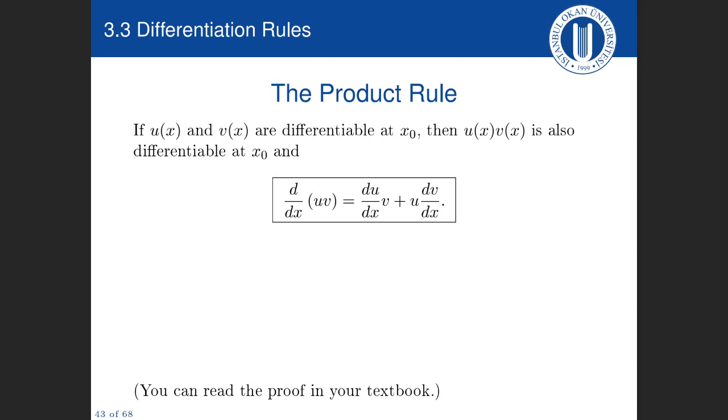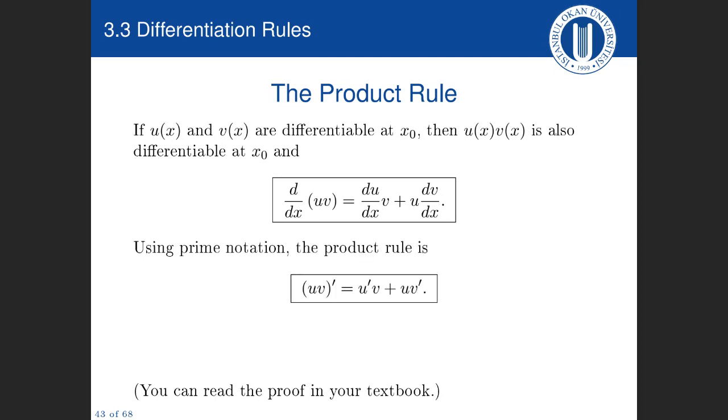And this is perhaps easier to remember if we use prime notation. uv prime is equal to u prime v plus u v prime. First, we differentiate the first function, we leave the second function as it is, and then we do plus. And then we leave the first function as it is, and we differentiate just the second function.